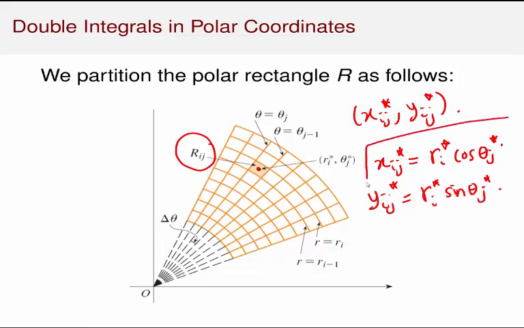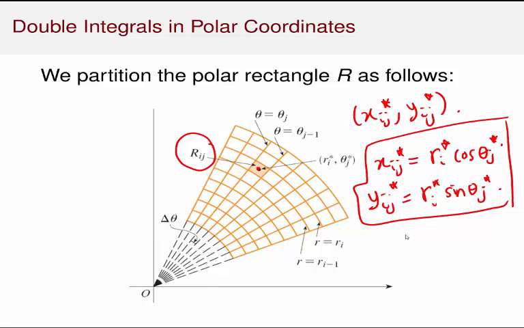Alright? Well, notice that the partition we have for the polar rectangle here is not uniform, in the sense that the areas of these subregions are not the same. In fact, the further you go away from the origin, the larger is the area of this subregion. Okay? Well, later on we'll work out the formula for the area.